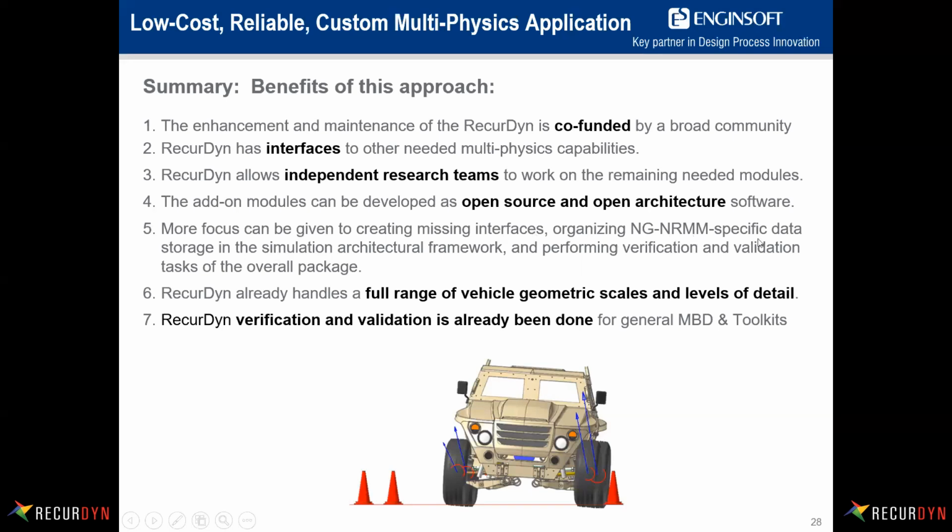We could also think about the architectural framework, how we wanted to set things up, and also how we wanted to check the accuracy of the data. And since RecurDyn already handles a full range of different types of models, we didn't run into any issues where RecurDyn couldn't handle whatever we placed within the model, and the verification and validation was already done. So all the behaviors we saw were quite reasonable.